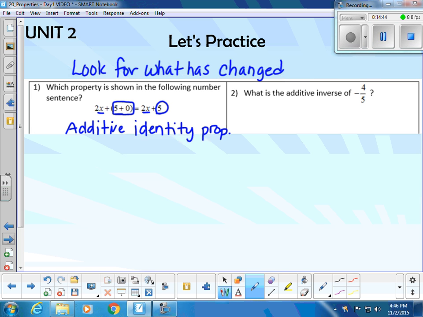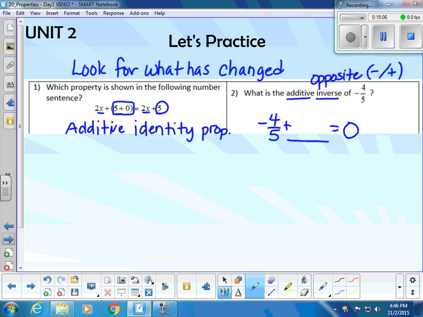Okay, if we look at the next one, this is saying the additive inverse. Remember, with inverse, we're looking at opposite. So when we're talking about additive, the opposite of a negative would be a positive. So if I have a negative 4/5, what am I adding to get to 0?